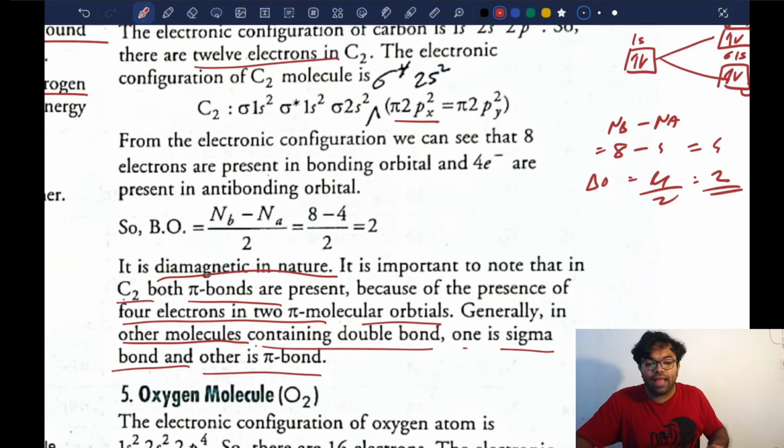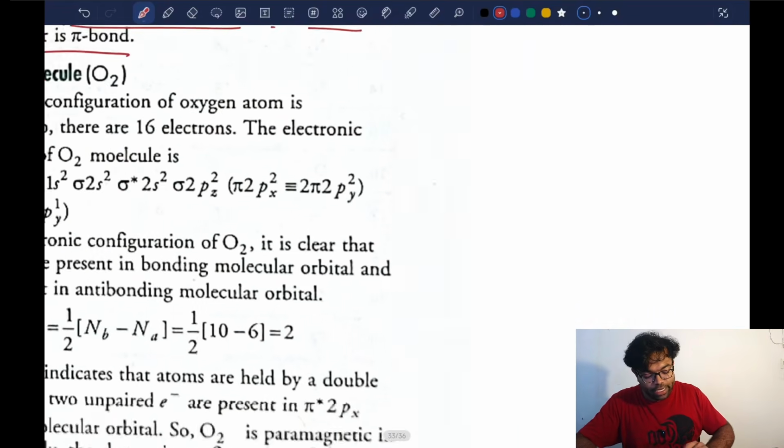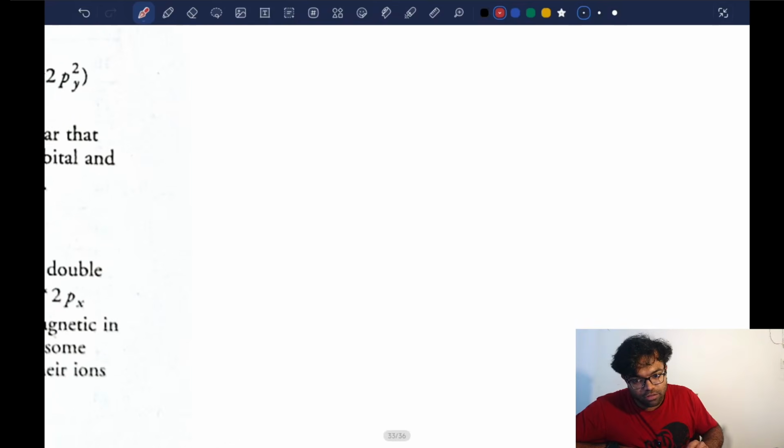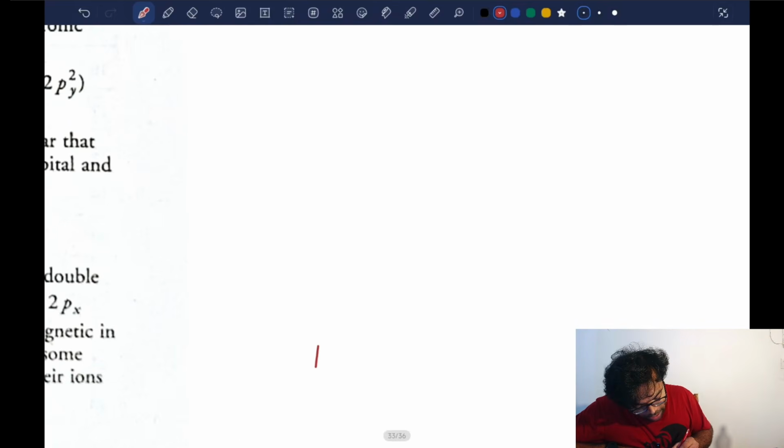Now, let us look at the case of oxygen, the one that we have been waiting for a long time. Again, I'm going to draw, a little bit better this time because it's oxygen. So you have sigma 1s2, sigma star 1s2.